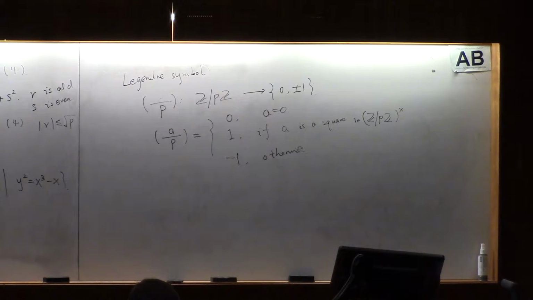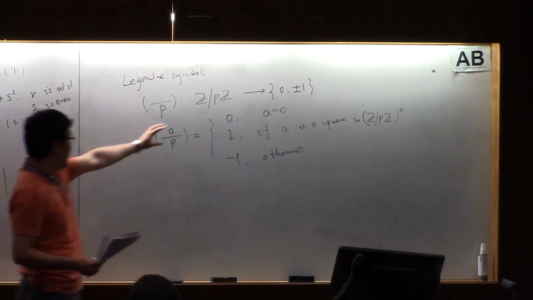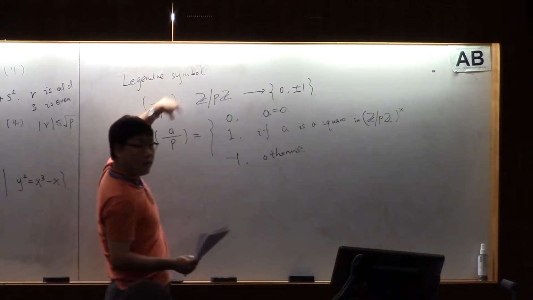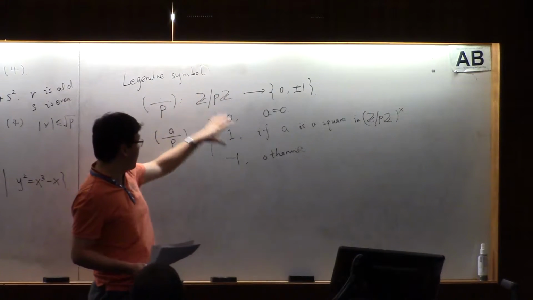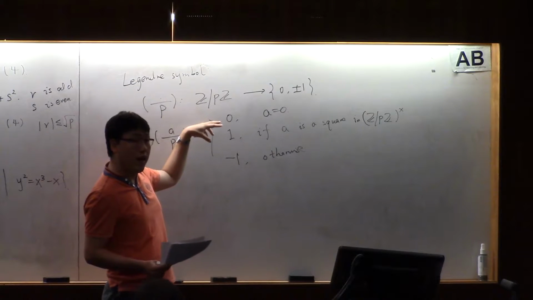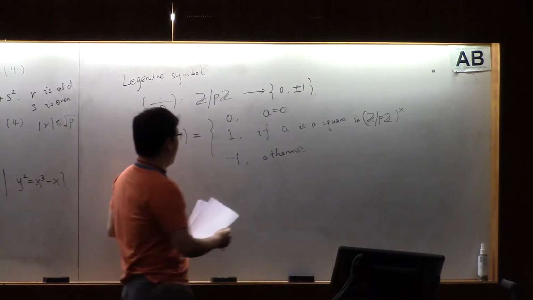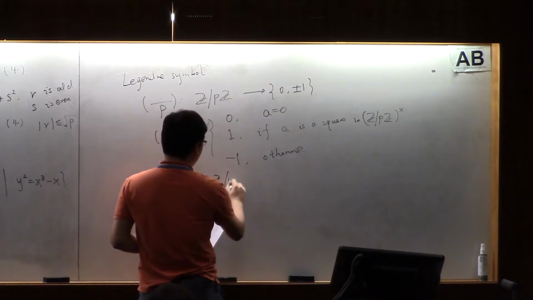Then, if you just restrict this map to the non-zero elements in Z mod pZ, you'll see that this gives you a quadratic character of the group Z mod pZ star.